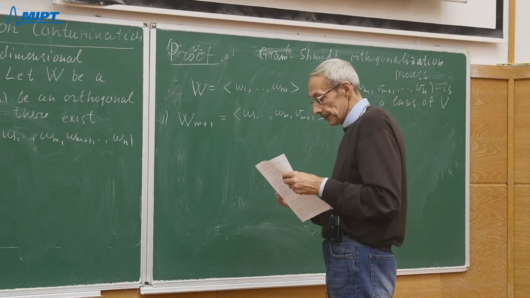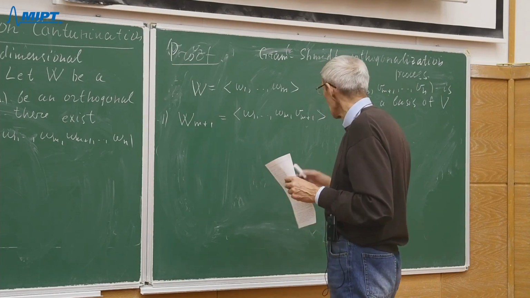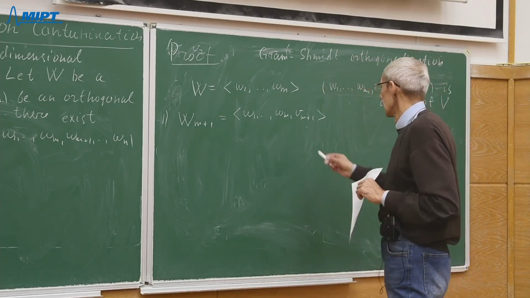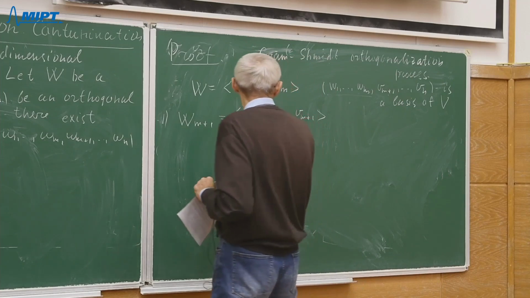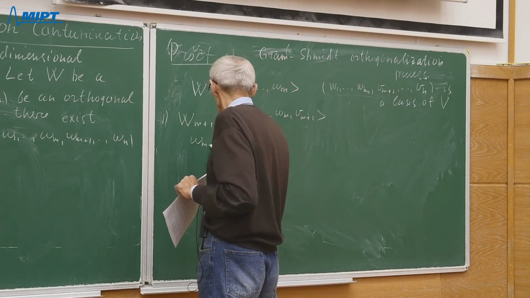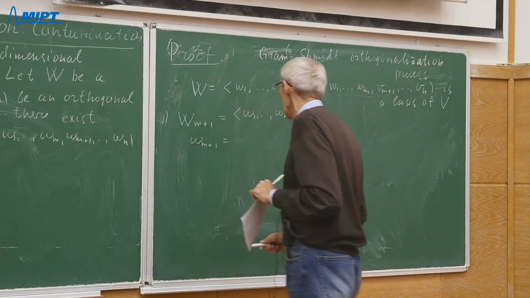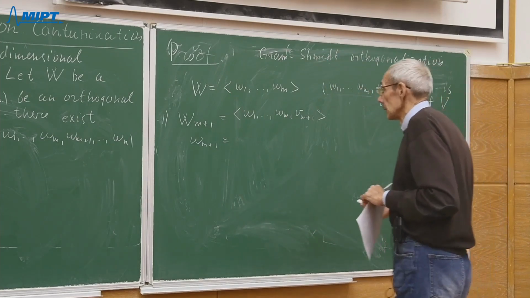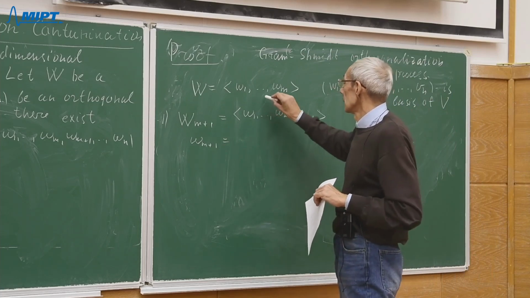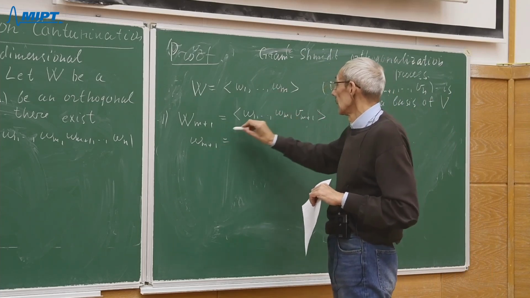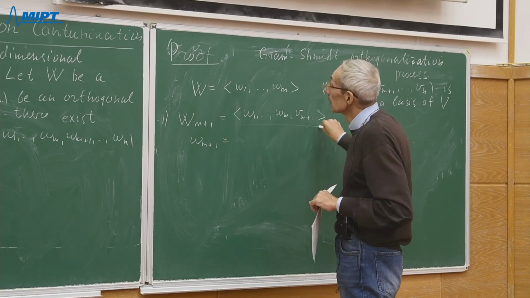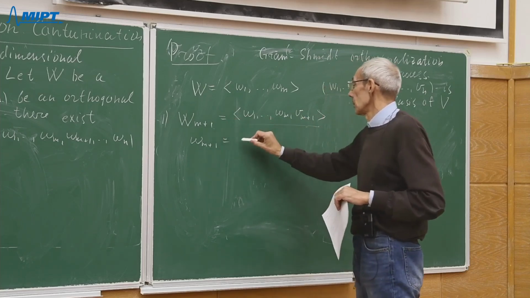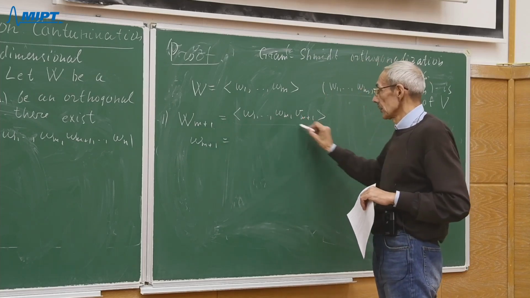And we will construct the new vector Wm plus 1, which first belongs to the Wm plus 1 vector subspace, as in, it belongs to the linear combinations of these vectors.